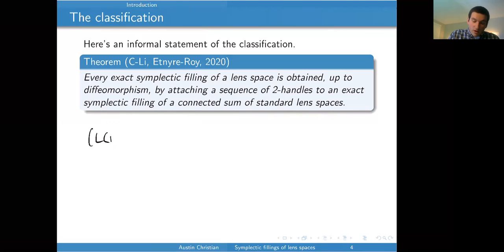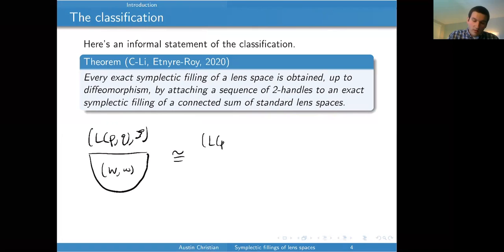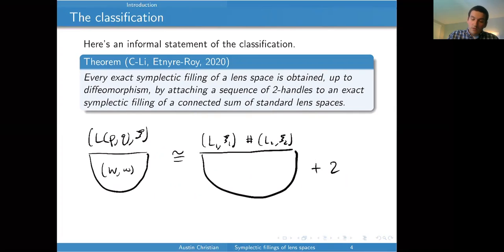but if you start with L(p,q) with any tight contact structure, it has to be tight since it's fillable. Well, then you can write this as the filling of some, let's not even try to come up with integers, but just say L1, ξ1 connect sum L2, ξ2, some filling of this connect sum plus 2-handles, where each of these contact structures is standard.